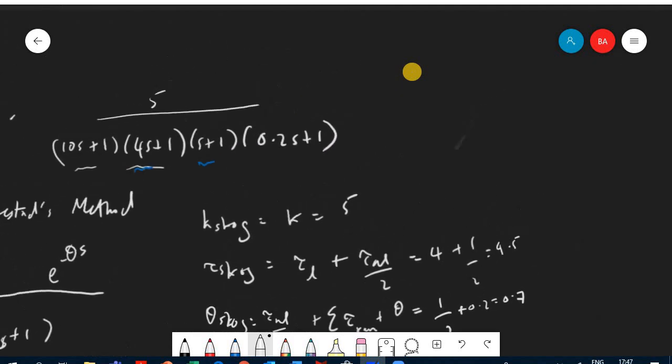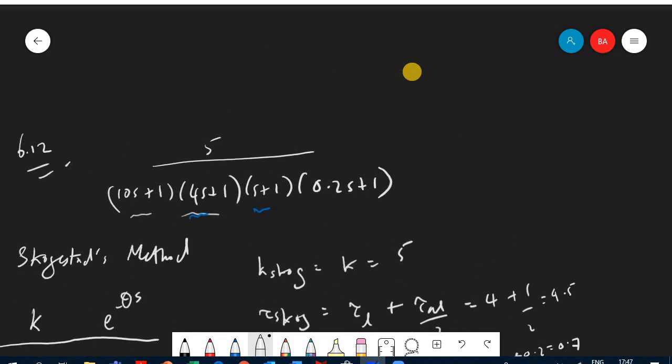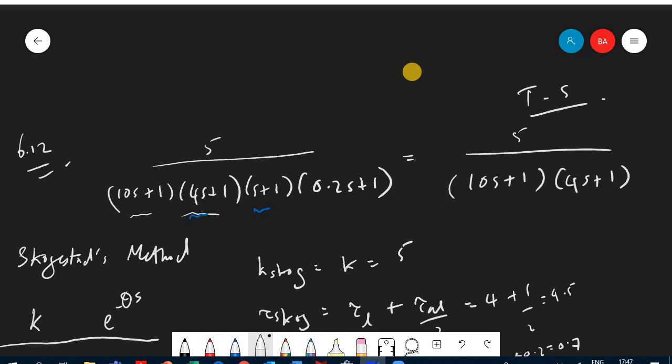What about the Taylor series? The Taylor series is just like a piece of cake and is simple to do. So I'm going to do it directly here. So this is 5 over, I'm going to keep the second order, the two terms down here, and I'm going to take the smallest two, which are not dominant and far away from the imaginary axis, as a time delay.